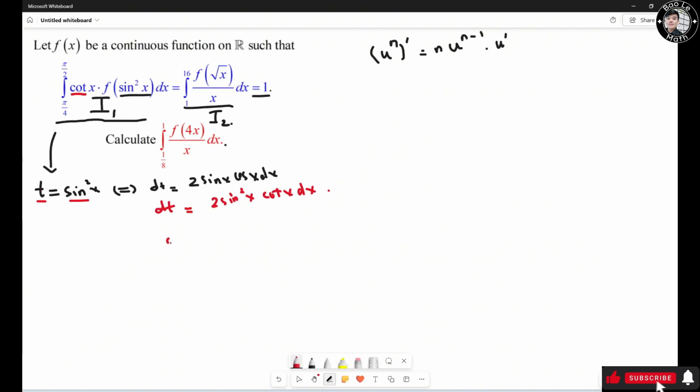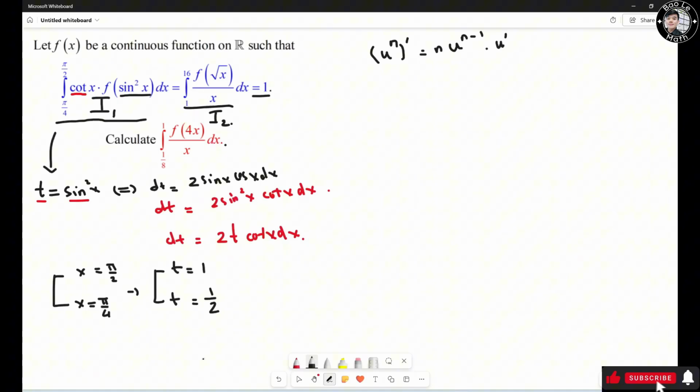So this turns out to be dt equals 2 t cotangent s ds, right? Now I need to change the lower limit and upper limit, right? So since s equals pi over 4 and s equals pi over 2, I have the new limits. For the lower limit, s equals pi over 4, I substitute over here, so I have t equals 1/2, right? S equals pi over 2, substitute over here, I have t equals 1, right?